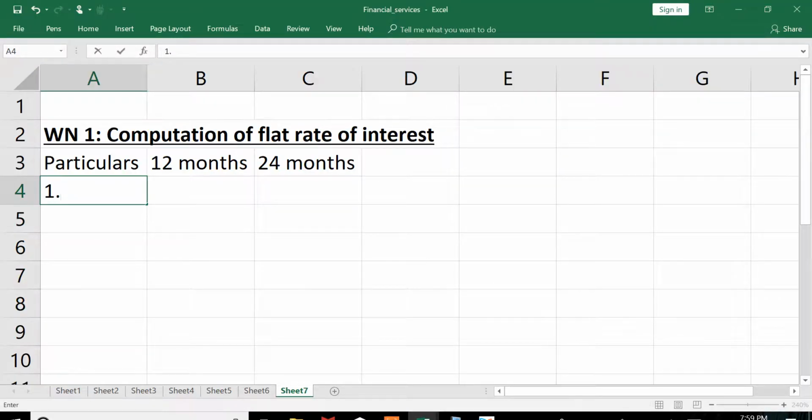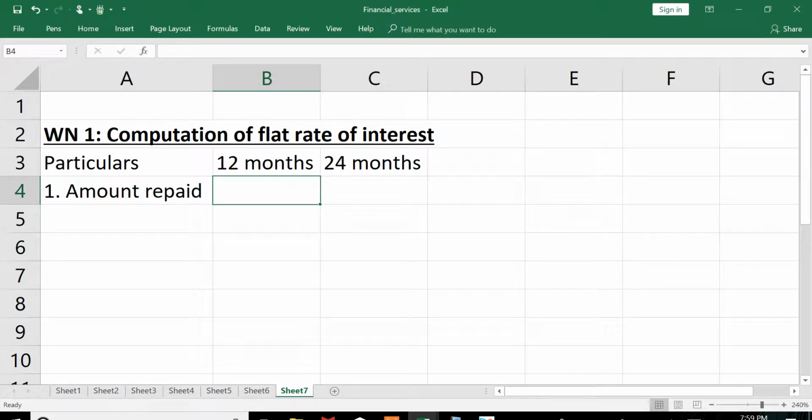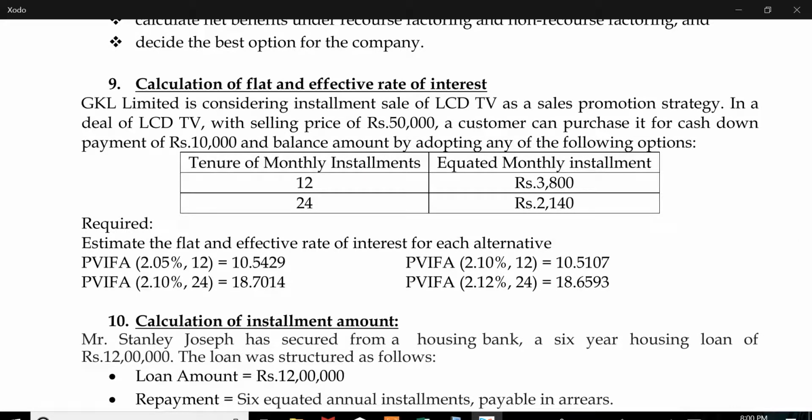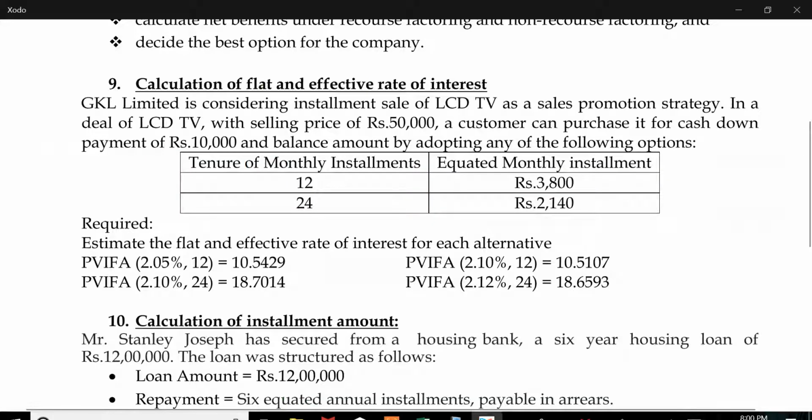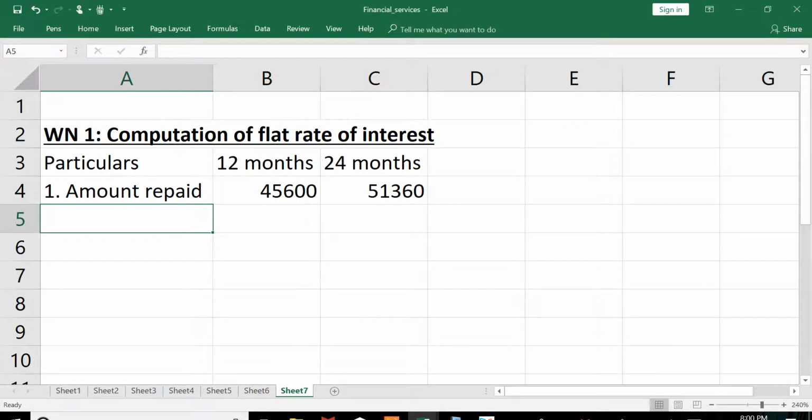Point number 1, amount repaid. In 12 months, you repay 3,800 into 12. In the other one, you pay 2,140 into 24. This is what you repay.